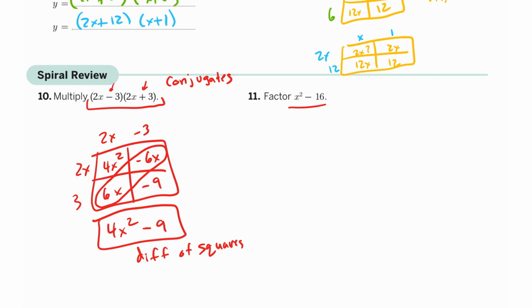When I'm factoring a difference of squares, you'll notice it's really just the square root of the first term and the square root of the second term. And then we put that in here and we add and we subtract. So what you can see here is that difference of squares, when we factor them, become conjugates. If we take conjugates and multiply them together, they become difference of squares.